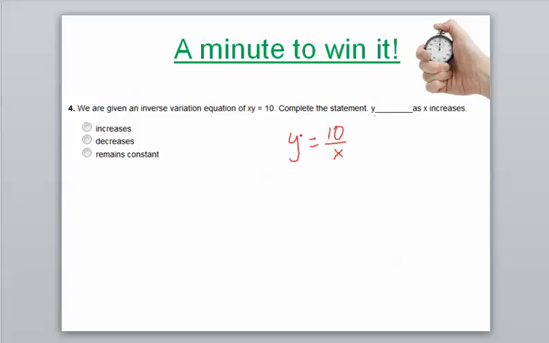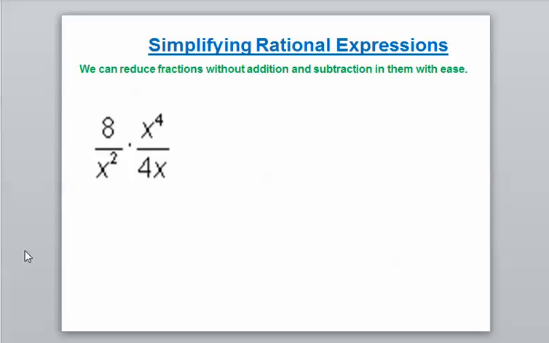So as y is getting bigger, x has to be getting smaller. So y decreases as x increases. So the bigger x gets, the smaller y gets. Okay?